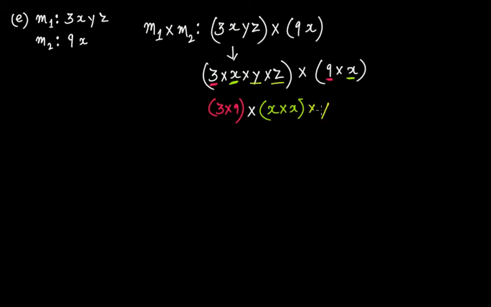So simply write y and z, right? So if you solve it, you'll get 27 multiplied by x squared multiplied by y multiplied by z. This can be written as 27x squared yz. So this will be the answer.